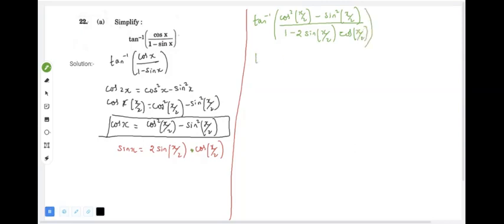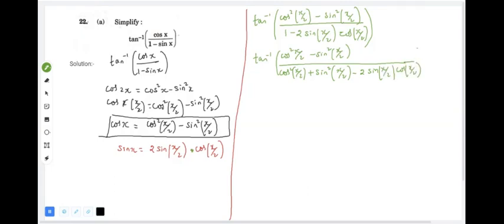We can write here tan inverse of cos square x by 2 minus sin square x by 2. For 1 we can write cos square x by 2 plus sin square x by 2. So we have the identity. Using that identity we are writing it minus 2 sin x by 2 into cos x by 2.